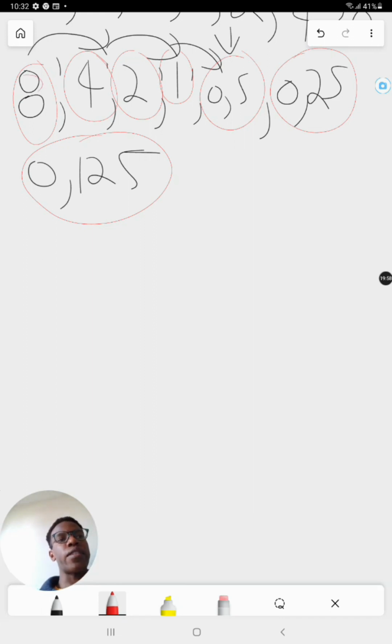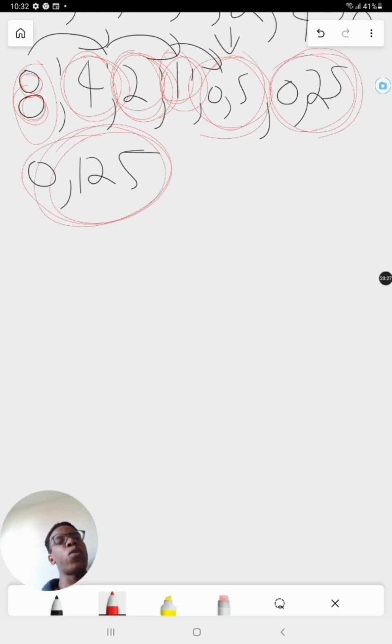We started off with 8 as our term number 1, and with each term that follows we are getting closer and closer to 0. 4 is closer to 0 than 8 is. 2 is closer to 0 than 4 is. Then 1 is closer, 0.5 is even closer, then 0.25, then 0.125. So the next term after this will be even closer to 0, and we'll keep getting closer and closer to 0.